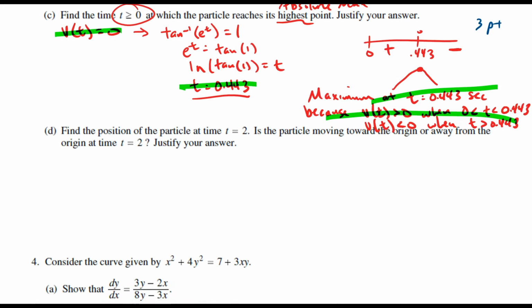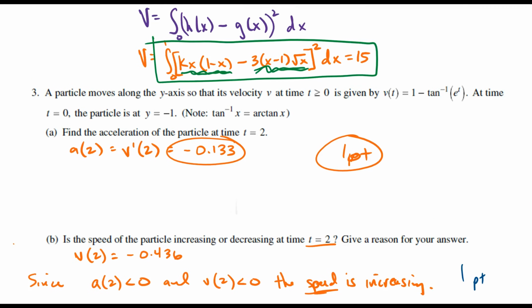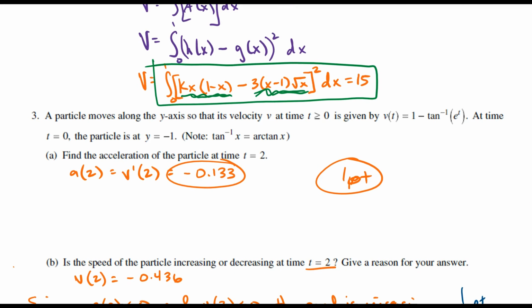Okay. Part D, find the position of the particle at 2 seconds. Is the particle moving toward the origin or away from the origin at 2 seconds? So how do we find the position of a particle? Well, that's the integral. So it's some function y of t because we're moving along the y-axis. We need to remember where we started, so we need to go back and look at our initial information.